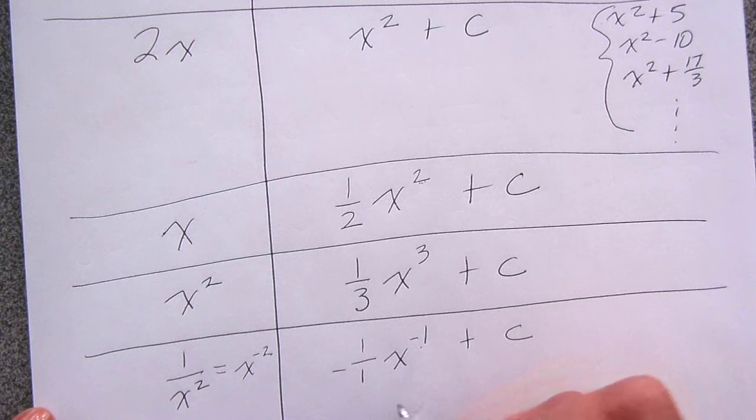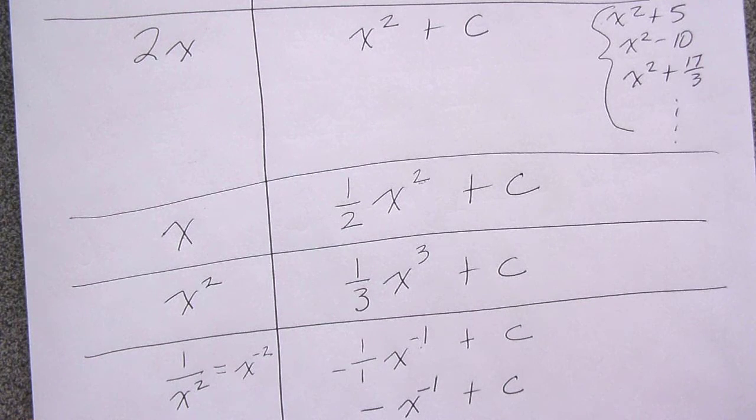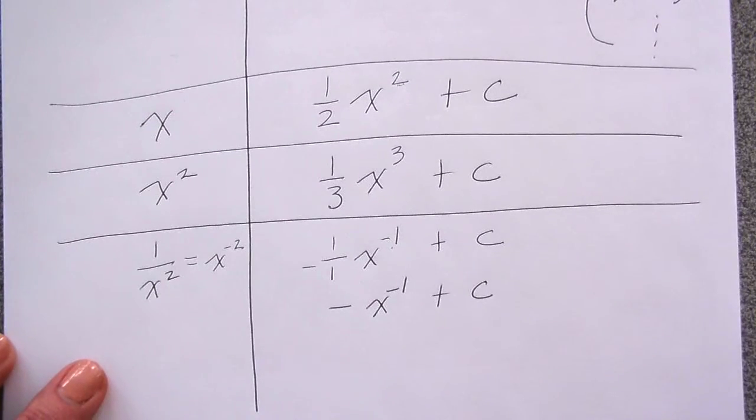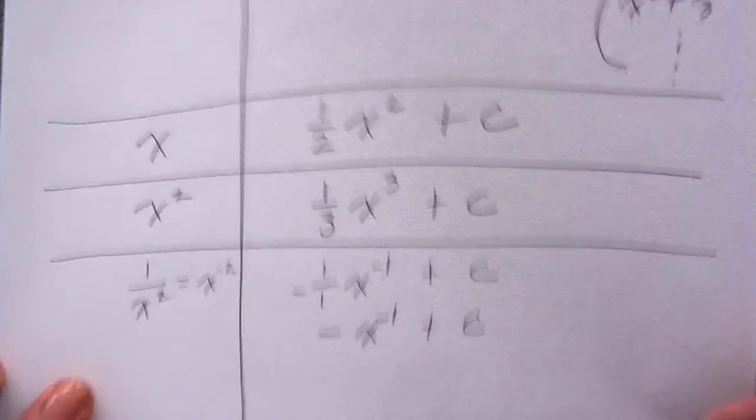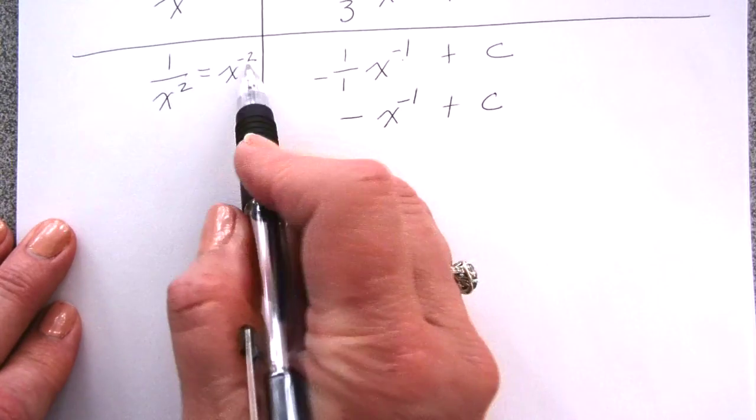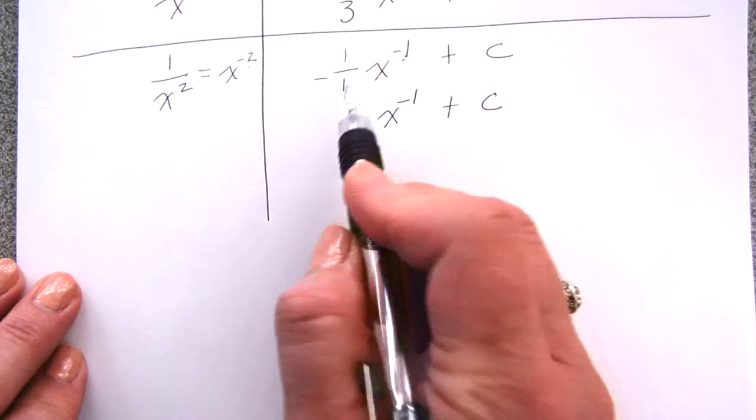So it's just going to be negative x to the negative 1 plus a constant, right? So you just increase the exponent by 1 and then divide by the new exponent.